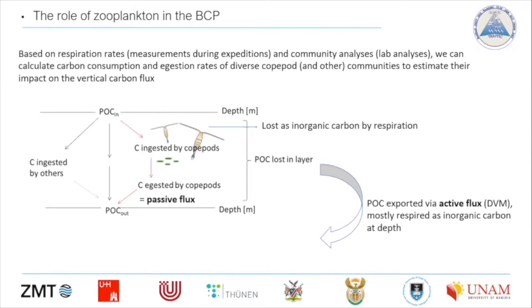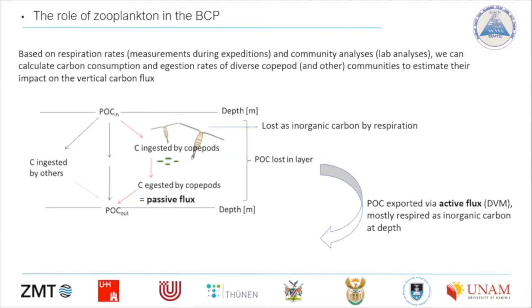So this is a very basic schematic box model here, where the particulate organic carbon is coming into the surface layer as, for example, primary production in the surface layer, and in the deeper layer as sinking particulate organic carbon.